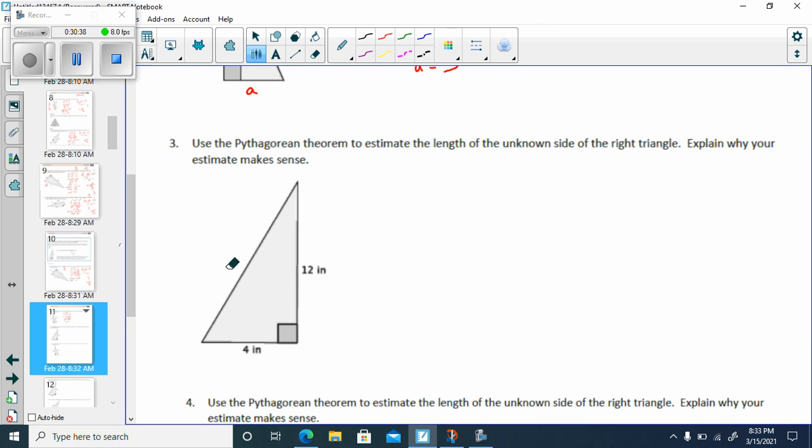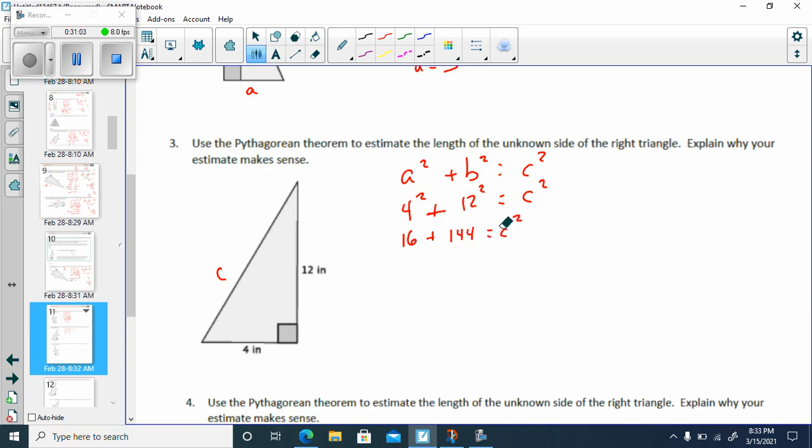Let's try this one. We know this is our C because it's across from the right angle. It's the hypotenuse. A squared plus B squared is equal to C squared. My A is the 4. We can call A the 4 and the B the 12, or you could do the other way around. Your 12 could have been the A. Okay, but we know our C is the one we don't have. 4 squared is 16. 12 squared is 144.